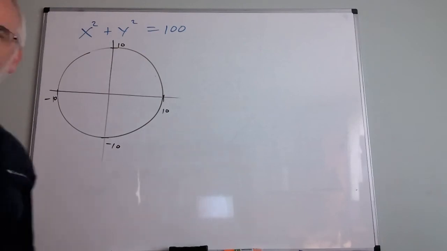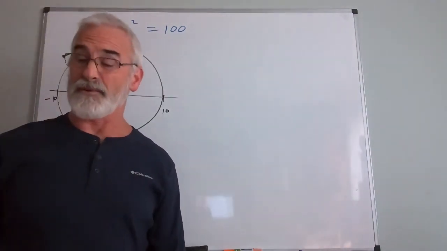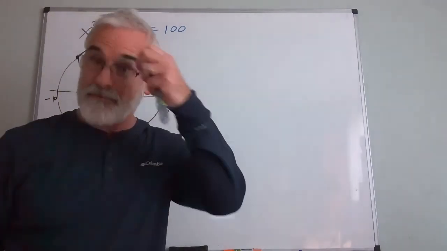Is it possible I could be in 3 dimensions? In fact, the default usually is that you're in 3 dimensions. So how would I represent that thing if I'm in 3 dimensions?